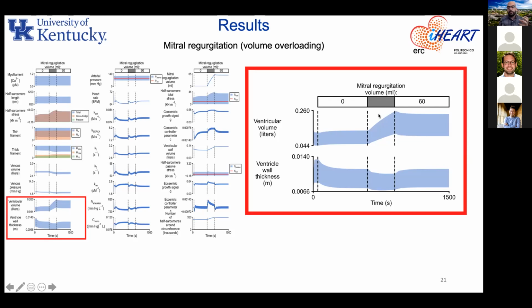So the growth module responded to this condition by increasing the ventricular chamber size with almost no change in the ventricular wall thickness. Exactly, that's the characteristic feature of eccentric hypertrophy. It was matching what we expected to see in response to volume overloading from our model.